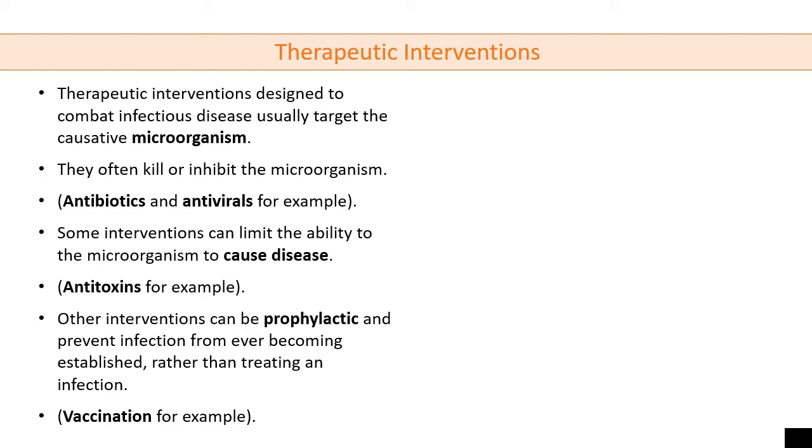So some microorganisms will cause disease by inducing immune function. And if we can disrupt this process, so we can intervene and prevent particular elements of the immune system from being activated, we can prevent the microorganism from causing disease.